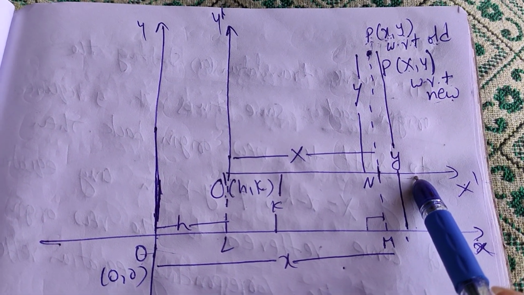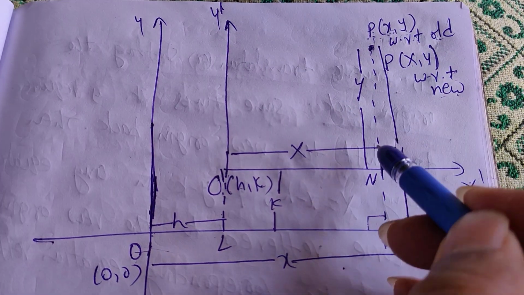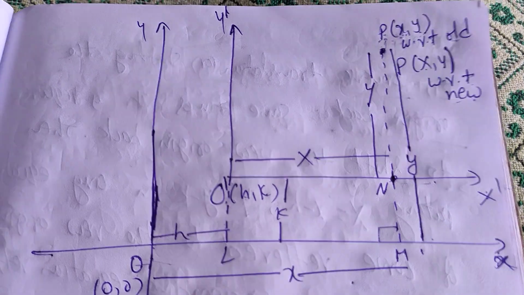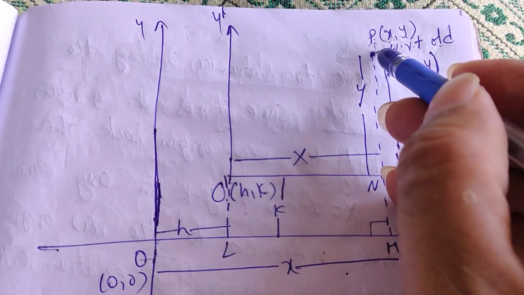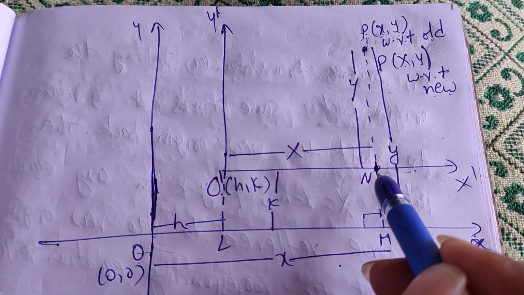Now come to the new coordinate axis. According to the new coordinate axis, if you draw a perpendicular to the x dash axis, it meets the x dash axis at N. Now we have to observe the new coordinate axis.